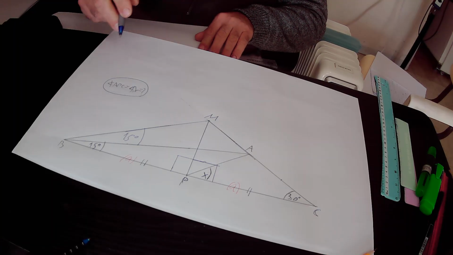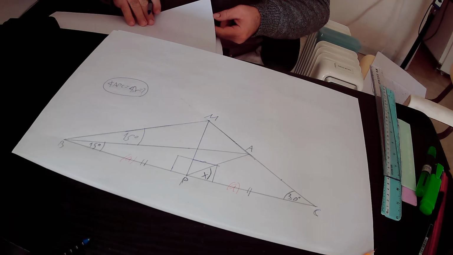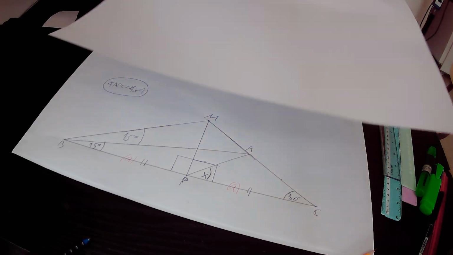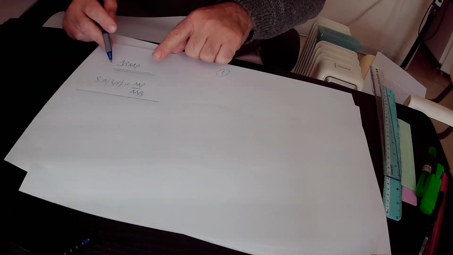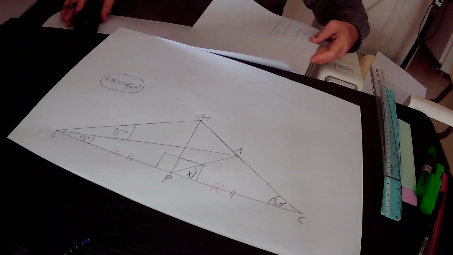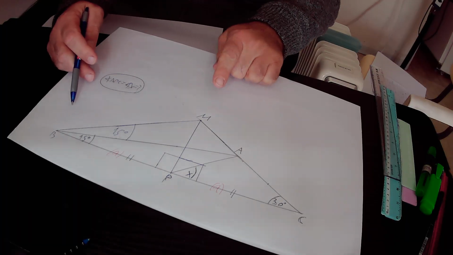And again, in this right triangle BMP, sin 30 degrees equals MP over MB. We define the length of the hypotenuse MB as 2A.